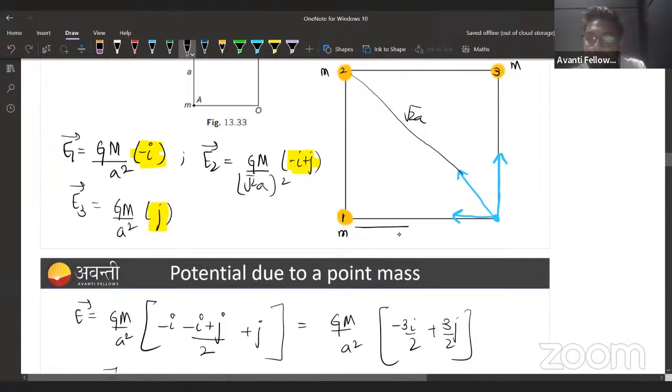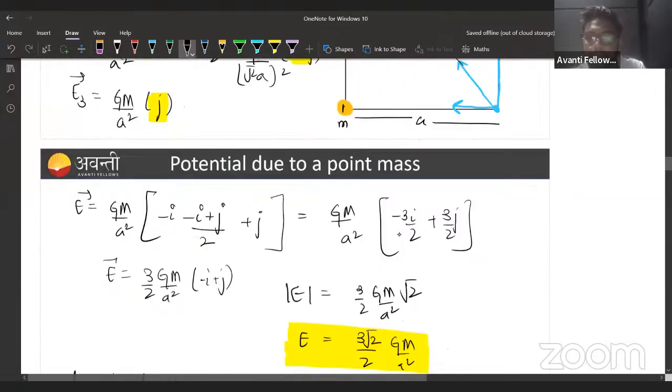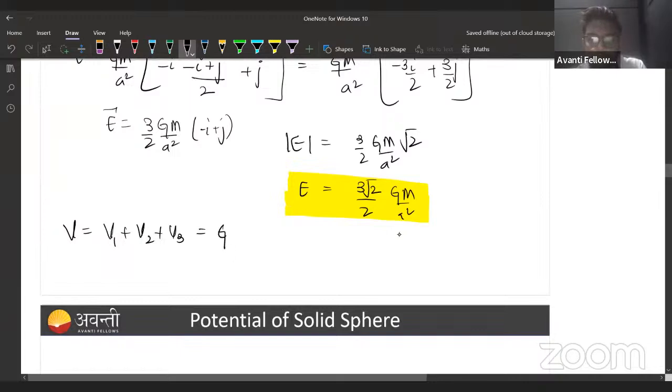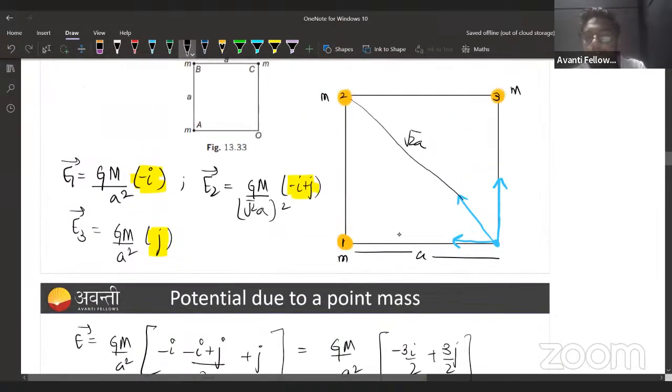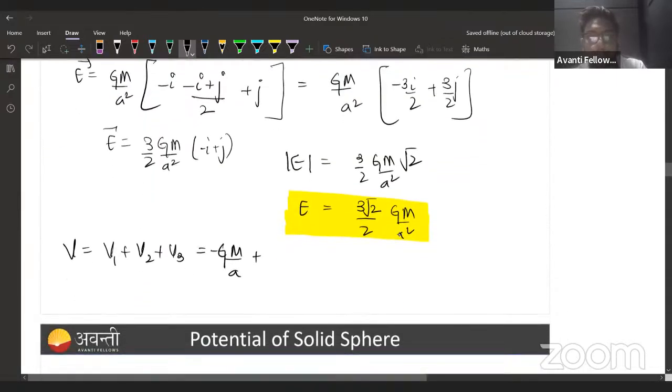So first, minus Gm, small m, and r is distance a, right? For first one, that will be equal to minus Gm by a. For second, the distance is root 2a, so that will be equal to minus Gm by root 2a. And for third, it will be equal to minus Gm by a.